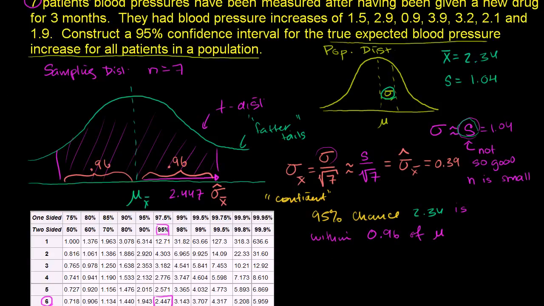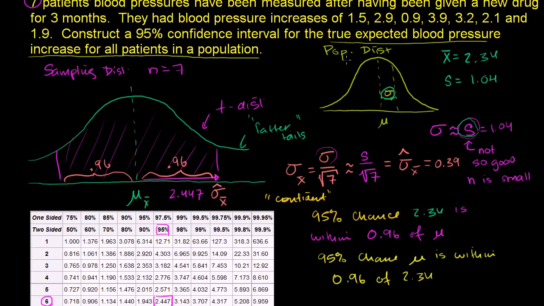Or we can just rearrange the sentence and say that there is a 95% chance that the true mean, which is the same thing as the sampling distribution mean, is within 0.96 of our sample mean of 2.34.